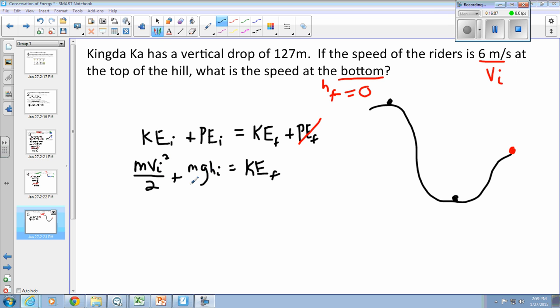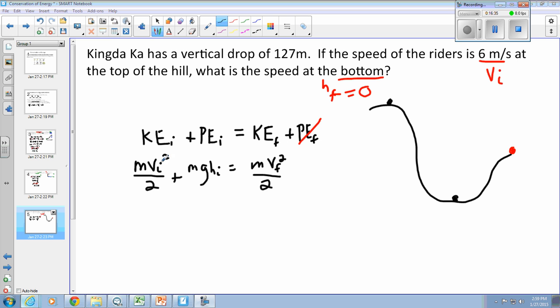So mv initial squared over 2 plus mg initial height is equal to kinetic energy final. Again, I'm going to solve for the kinetic energy final first. Check that. This is a bad problem to do that for. Probably could have done that in previous problems. So change the kinetic energy final to show mv final squared over 2.